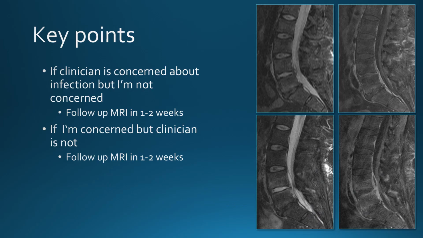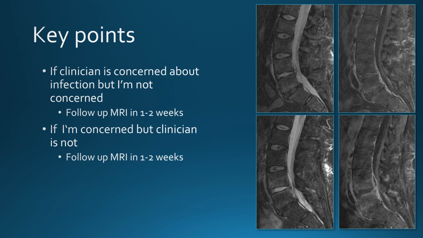Okay, so what have we learned? I just want to stress a couple of key points. First, if the clinician is concerned about infection, but I'm not too concerned, we'll get a follow-up MRI in 1 to 2 weeks. And usually with pyogenic infection, 1 to 2 weeks is enough time to see a significant change. So we saw this patient at the top, very subtle changes.